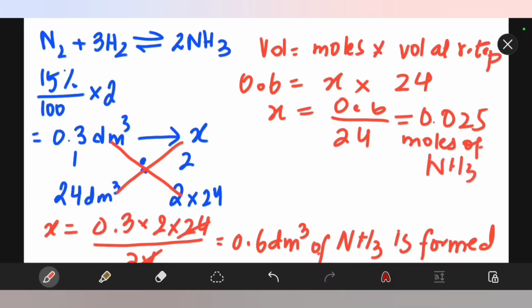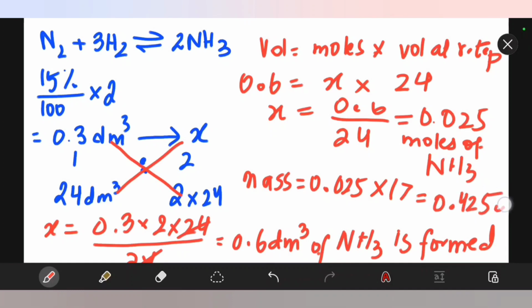And now using these moles, we can find out the mass. Mass is equals to 0.025 into ammonia's MR, which is 17. And the answer would be 0.425 grams. This is the final answer.